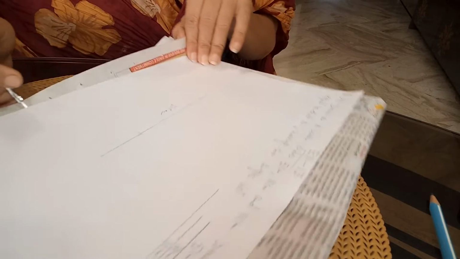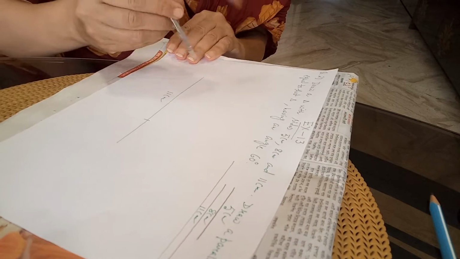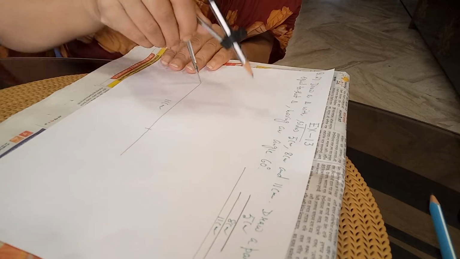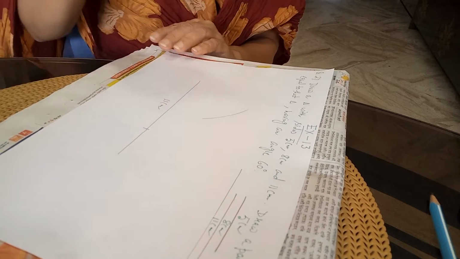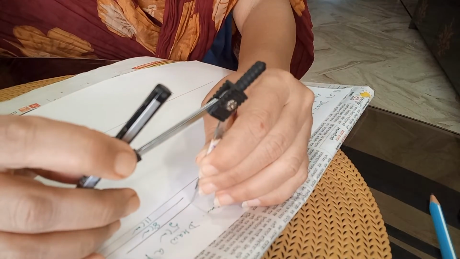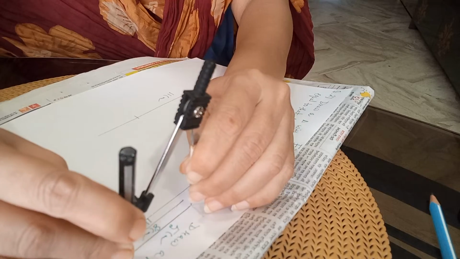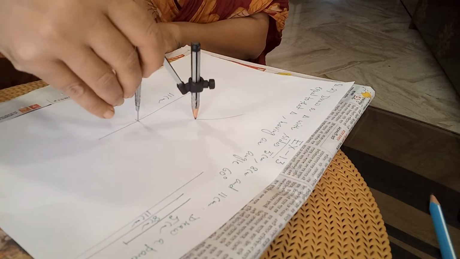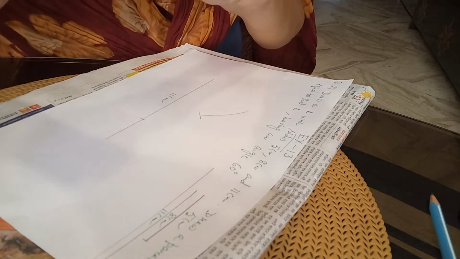You know this, how to construct the triangle. 8 cm. From here, draw an arc. Then 5 cm is left. Taking 5 cm measurement, now from here, drawing arcs. So 8 cm again.